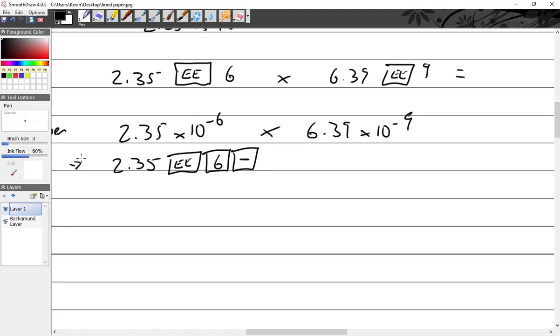So that is the gray. This is the blue. 2.35, second, EE, negative, then 6 to get that. And follow suit right down the line.